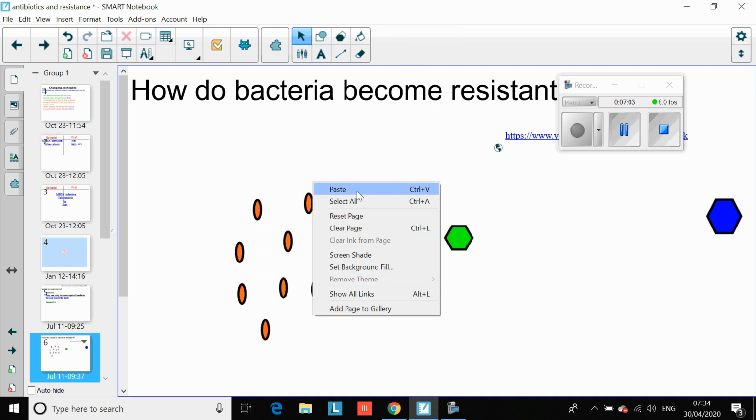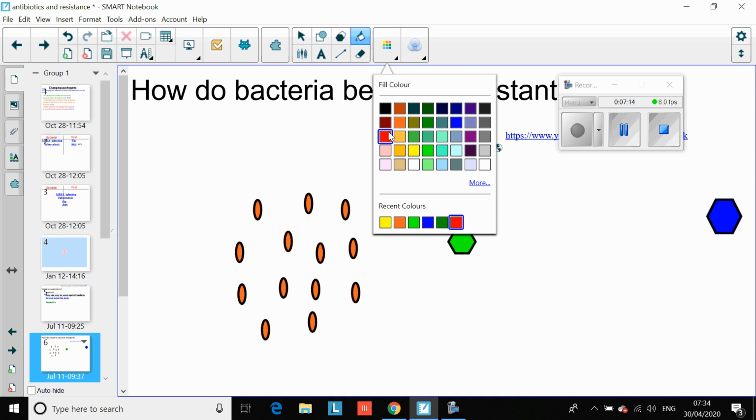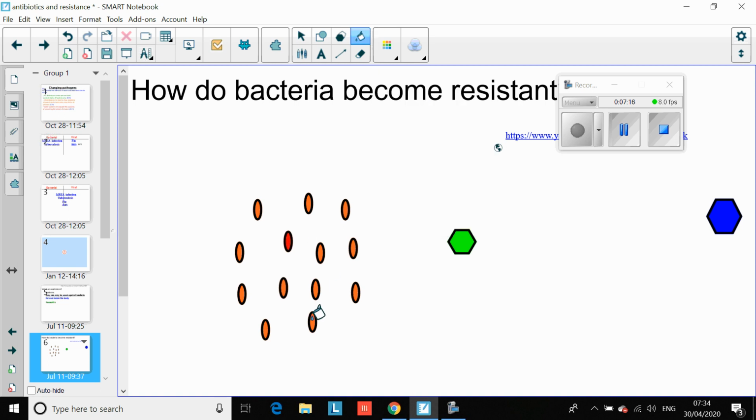And of course, now we've got the problem that they're resistant to this antibiotic. Now, even within this population, you might get the odd one which has a random mutation. So let's just say make these nice and deep red. Okay, now this random mutation is different from the first one. So now we've got a whole population of bacteria that are completely resistant to this antibiotic.